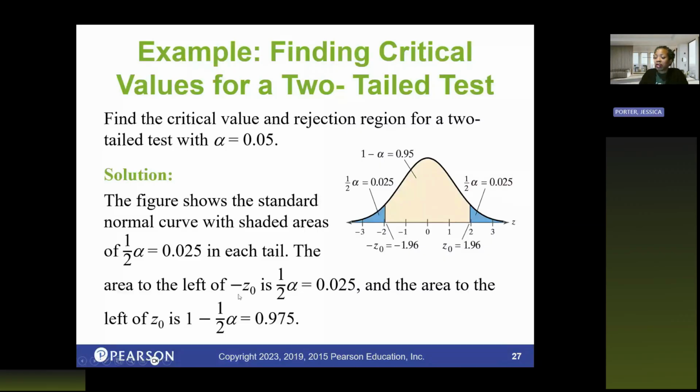The area to the left of the negative critical value is 0.025, and the area to the left of the second critical value on the second side is 0.975. Now, again, we'll go to the calculator.